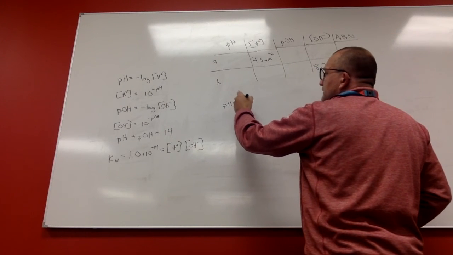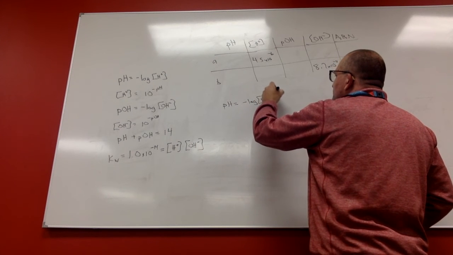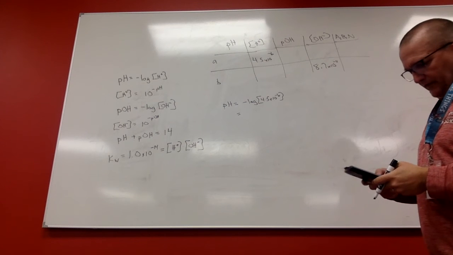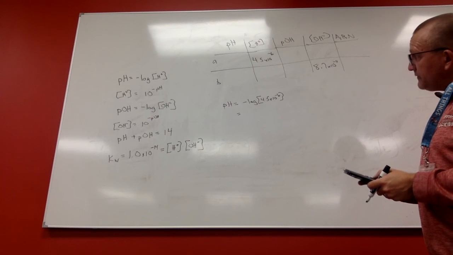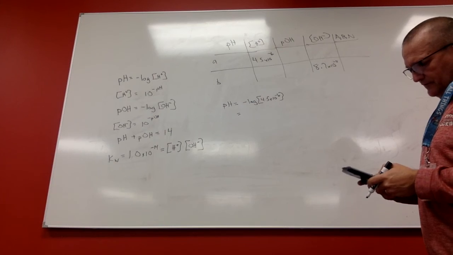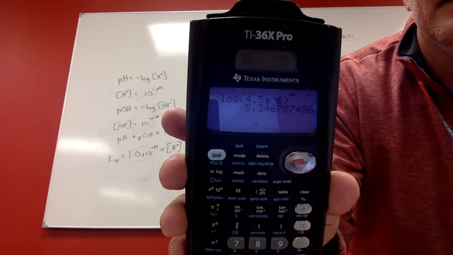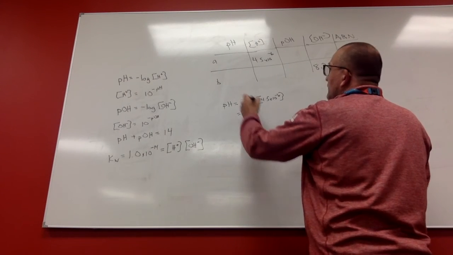pH is the negative log of 4.5 times 10 to the negative 6. And I'll show you what that looks like in the calculator. Negative log 4.5 e negative 6. I get that. So there's what it looks like on the calculator. pH is then 5.3.